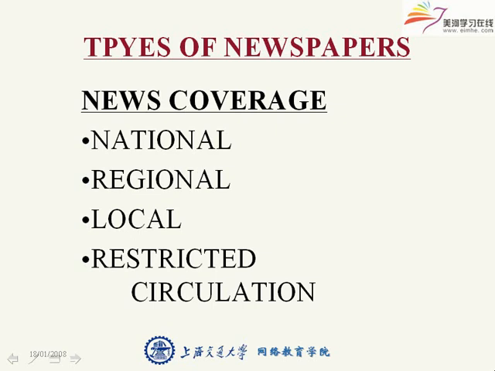And as I said, restricted circulation papers, that's for a university or a school. Or you might have it for a special group, like a women's newspaper or something like this. Now, national is a newspaper which covers the news across the whole country, together with some international news.